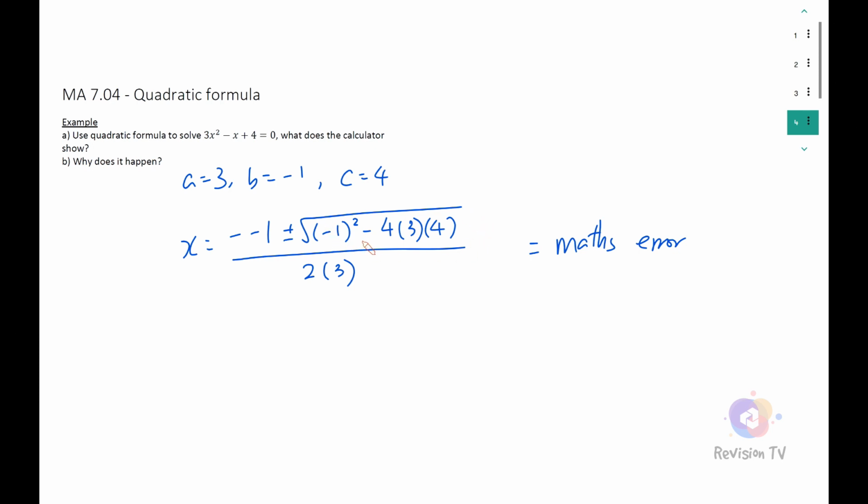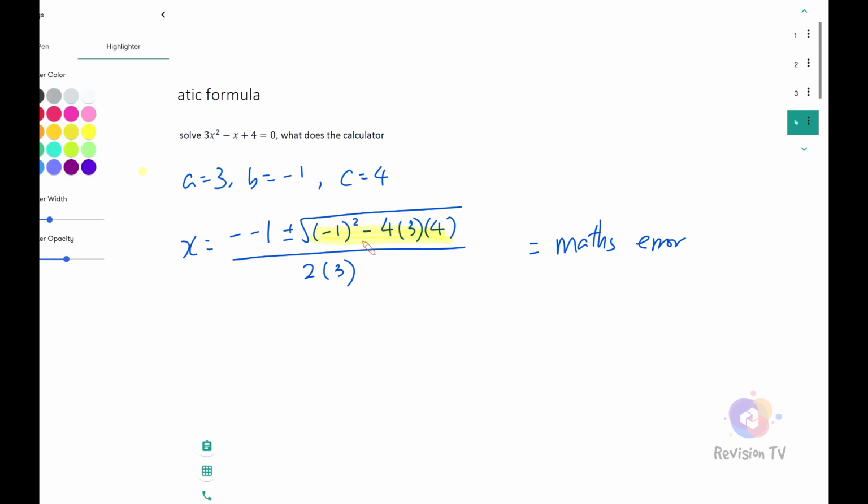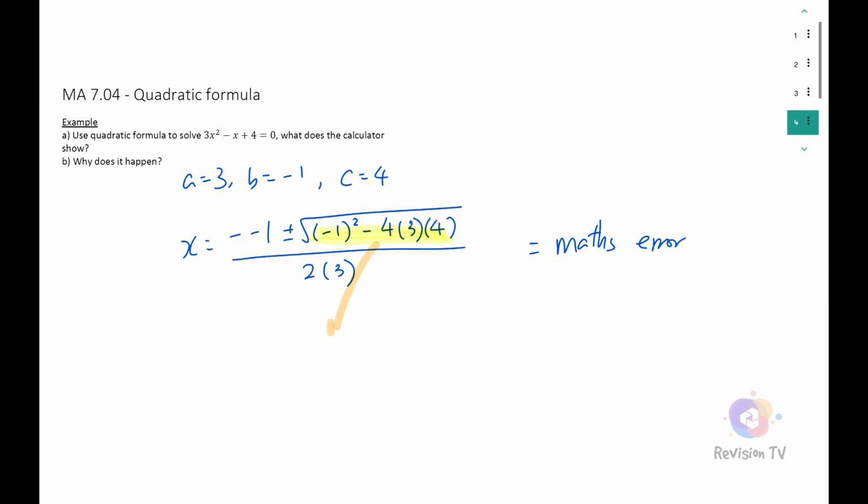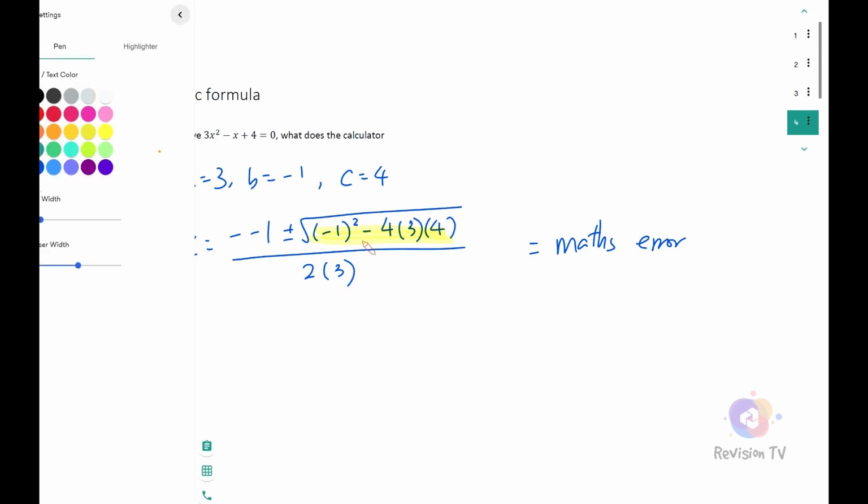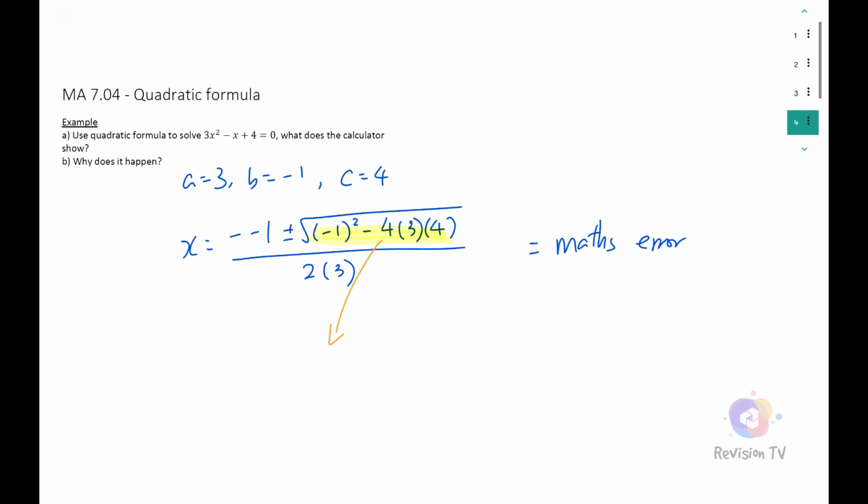If we just look at this part, inside the square root, and take this outside the square root and do it here, minus 1 squared minus 4 times 3 times 4, put it in a calculator, you should get negative 47.